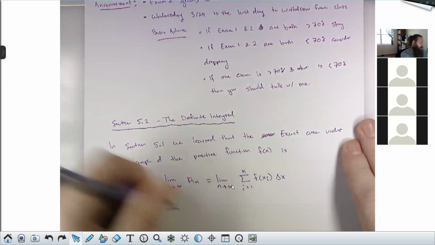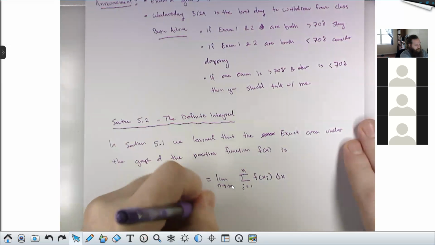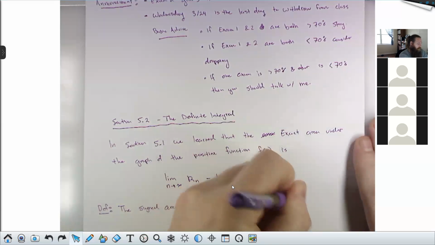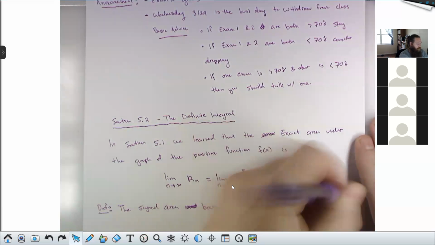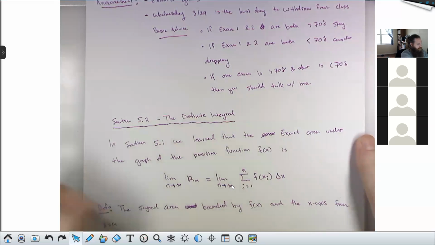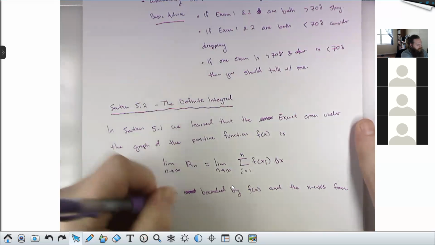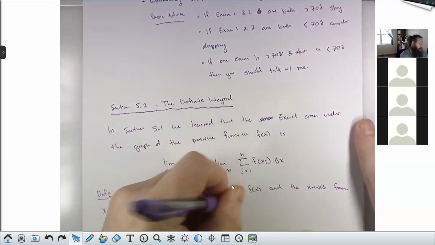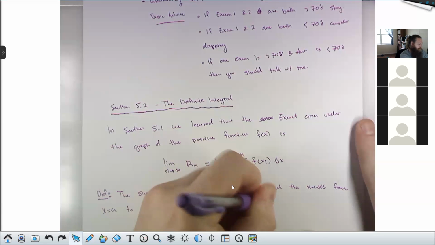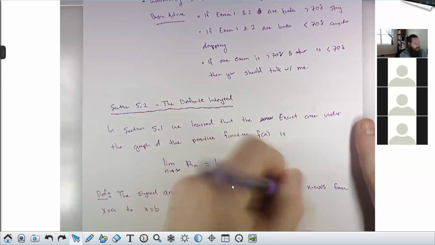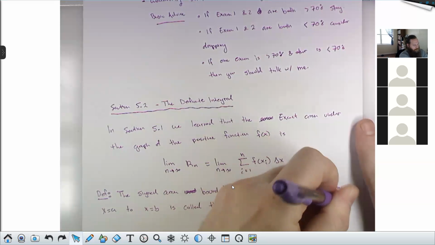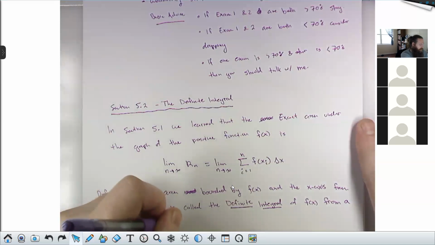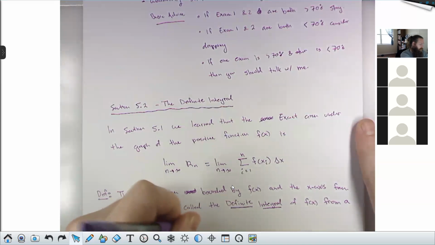The signed area, I should say, bounded by f of x and the x-axis from x equals a to x equals b is called the definite integral of f of x from a to b, denoted by this thing.